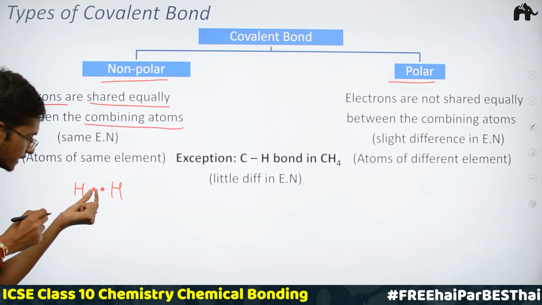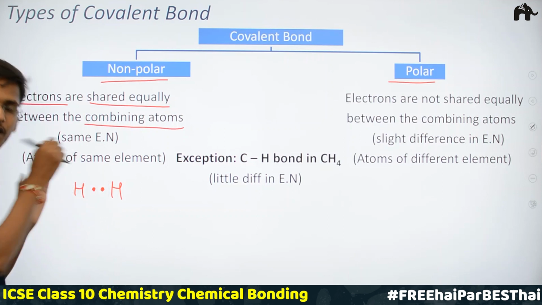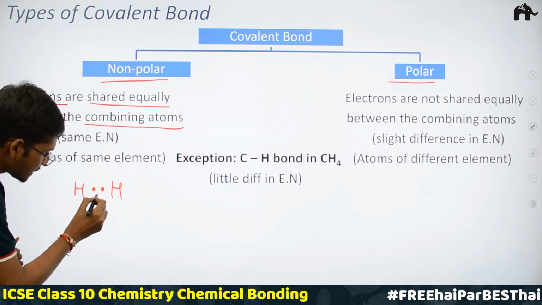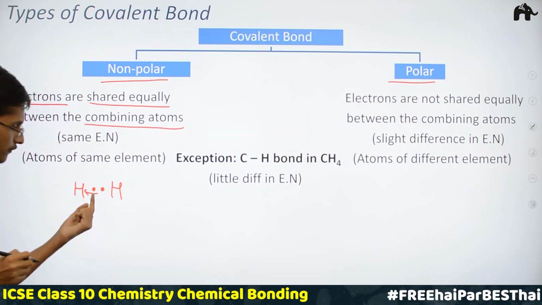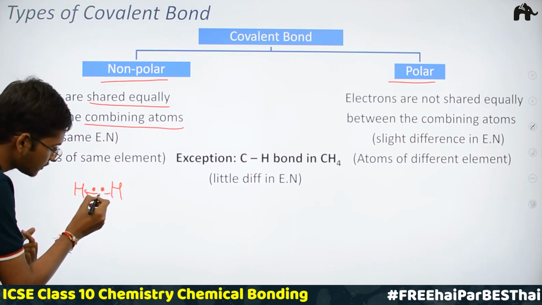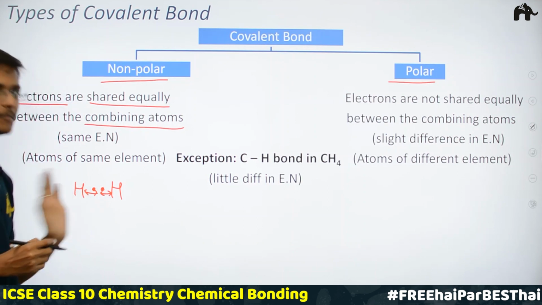This electron pair is shared equally between the two hydrogen atoms. Shared equally means the distance of the shared pair from this hydrogen atom and the distance of the shared pair from this hydrogen atom is exactly the same.